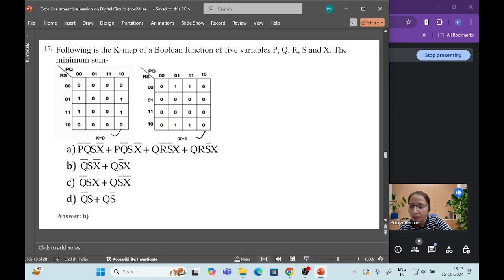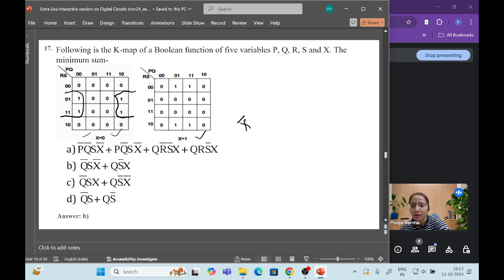So how can we solve it? First we will solve for this. For every group in the first K-map, x dash will be multiplied, since x is equal to 0. So just make a grouping. Here we can make a group of 4, and no other ones are there.